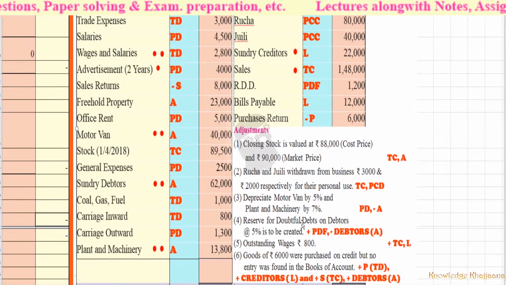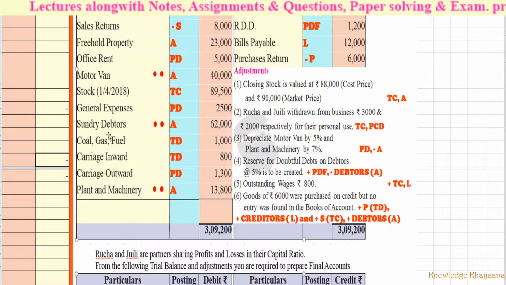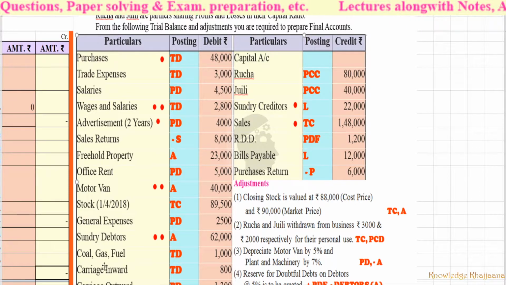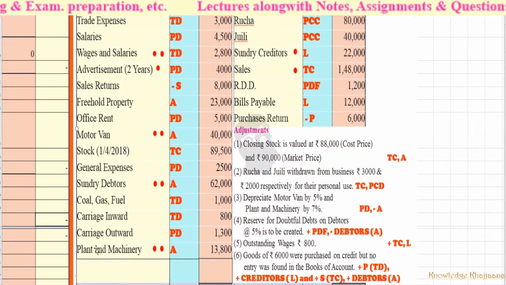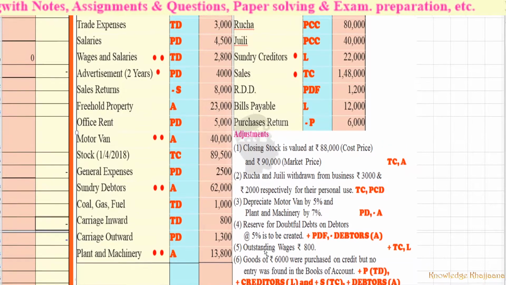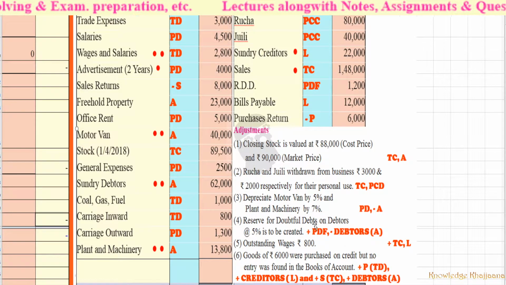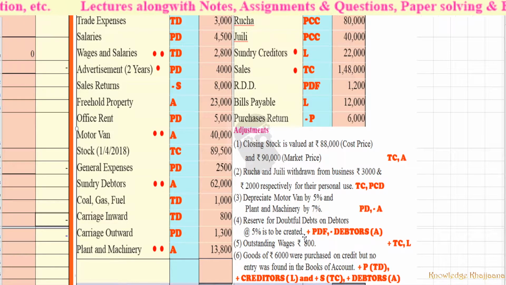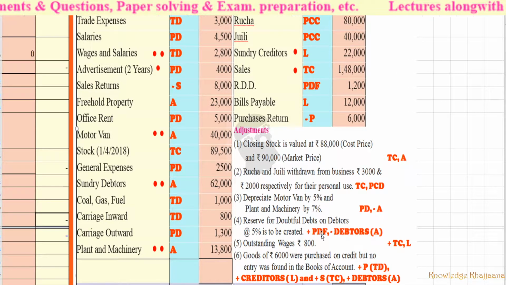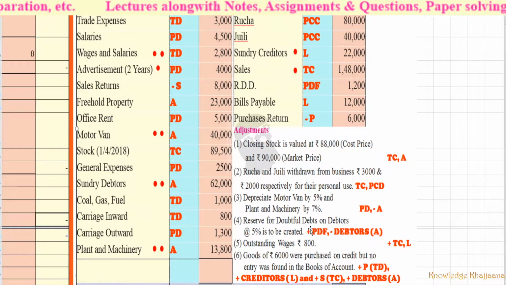Then reserve for doubtful debts on debtors. See here, check whether the bad debts are given. Bad debts are not given here, right? Then what should be done for this reserve? See, reserve for doubtful debts on debtors at 5%. It means this is the new reserve, right? New RDD should be recorded on the profit and loss account debit side as per the formula, and it should be added to the bad debts.